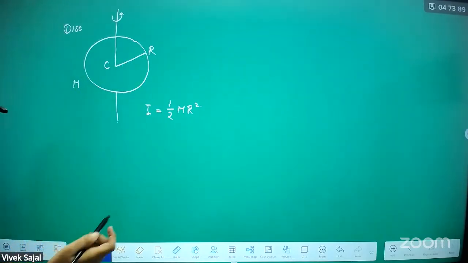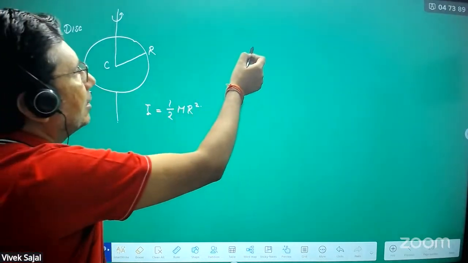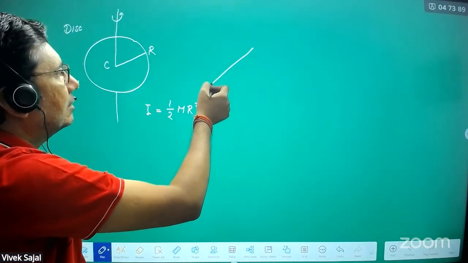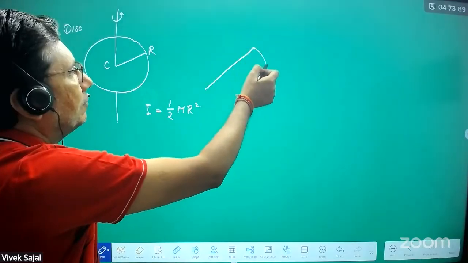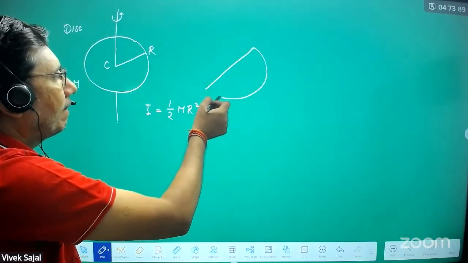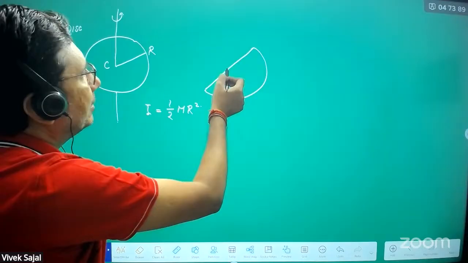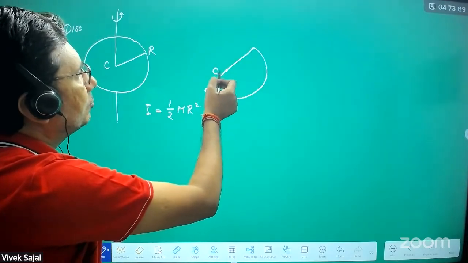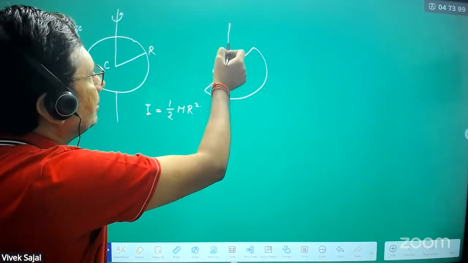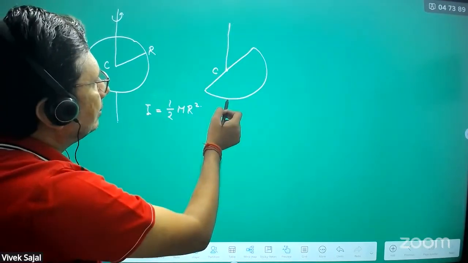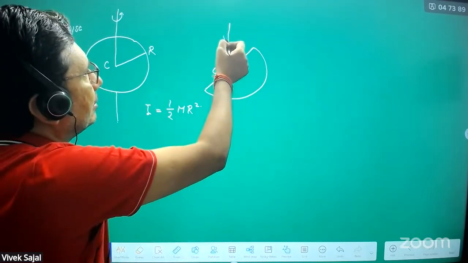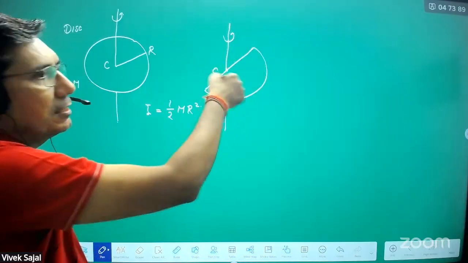This disk is made up of two equal parts. On the basis of this, suppose you have a half disk like this, and it is rotating about this axis passing through this point C. On rotating, what type of structure is it going to create?